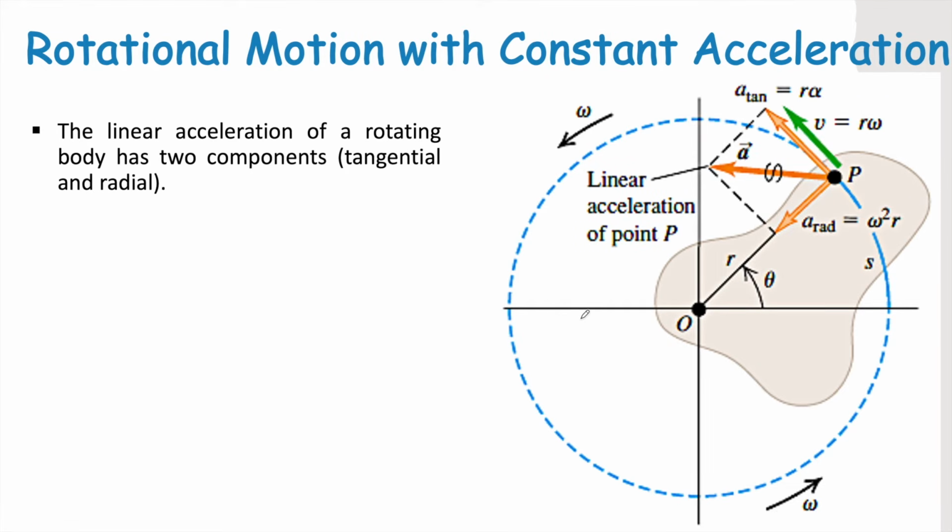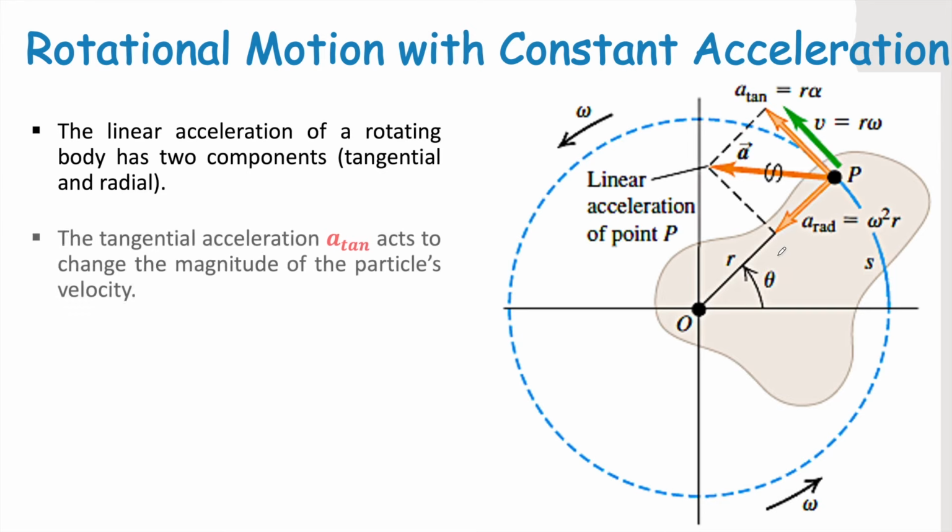Take note that linear acceleration has two components. One is what we call tangential acceleration, and the other one is radial or centripetal acceleration. When we say tangential acceleration, it acts to change the magnitude of the particle's velocity. Acceleration is simply the change of velocity over time, so v tangential over time.